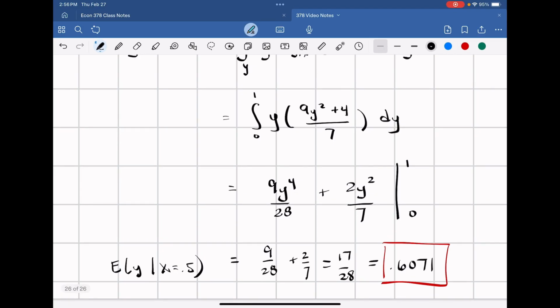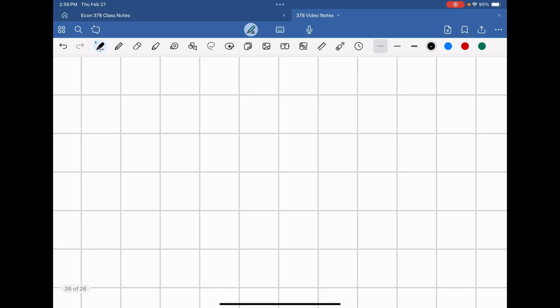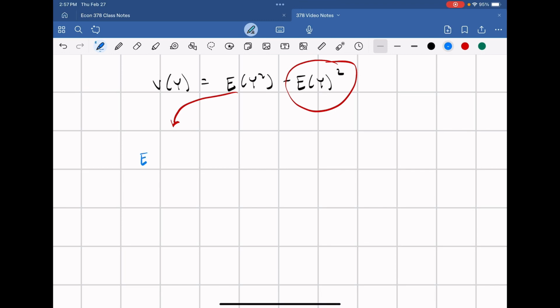If we found the expected value of y, the next question is, can we find the variance of y? We should be able to, where the variance of y is equal to the expected value of y squared minus the expected value of y quantity squared. We just solved for the second part, so now let's solve for the expected value of y squared. It equals the integral from 0 to 1 of y squared times the conditional distribution, (9y squared plus 4) over 7, dy.